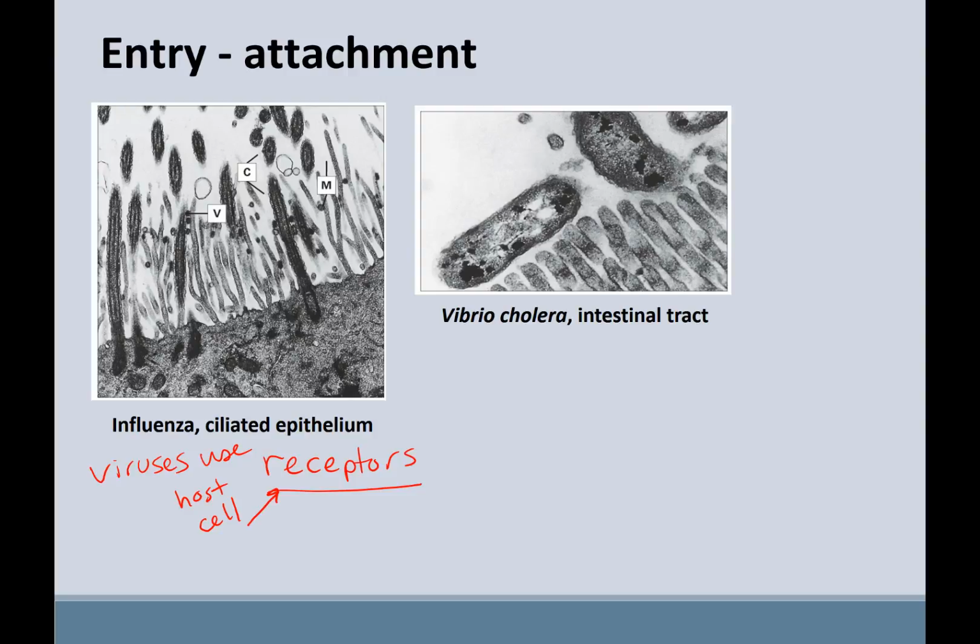So they use proteins on your cell membranes that are normally used for other cell communication, and they attach and can get inside your cell where they replicate. For some bacteria, it's pili, right? Remember, some bacteria have those little pili, and those help it attach, and then it can colonize, for instance, your intestinal tract.